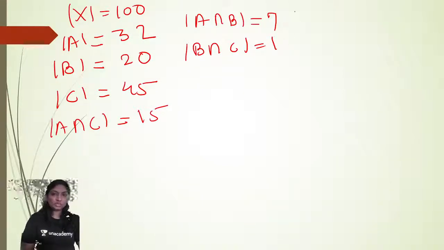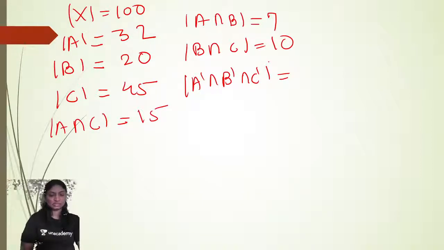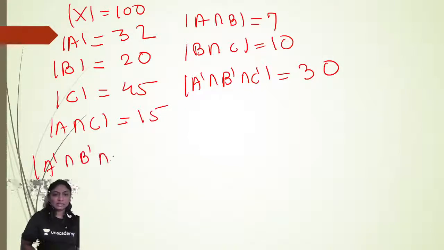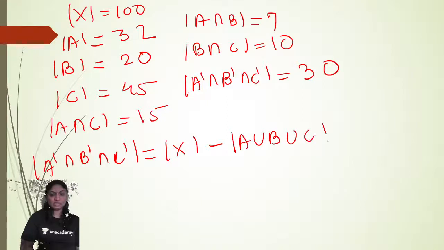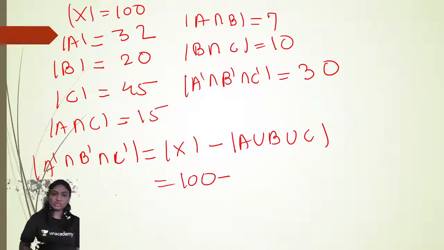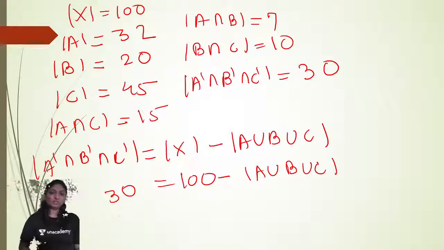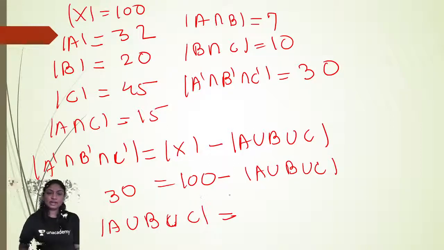And the number of students who do not study any one of those subjects, that is cardinality of A dash intersection B dash intersection C dash, is equal to 30, right? That is nothing but cardinality of X minus cardinality of A union B union C. Cardinality of X is 100, so A union B union C is 100 minus 30, which is 70.